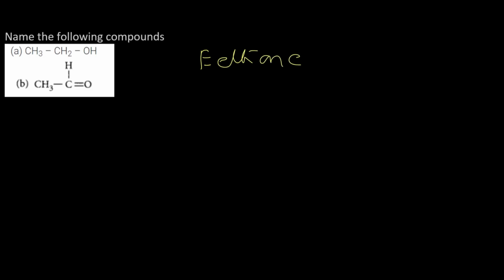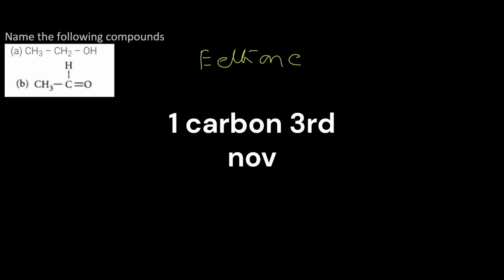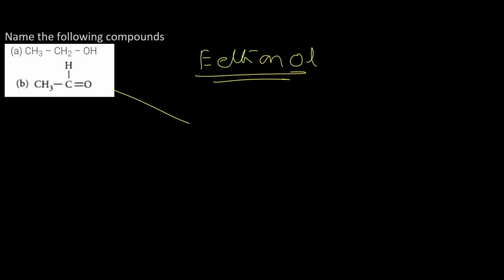I'll remove this E and write OL. That's ethanol. For the second one, an aldehyde is present with two carbon atoms. So again, it is ethane. And this time you'll remove E and add a suffix. This time it is AL, right? Not OL. It is AL. So this is ethanal.